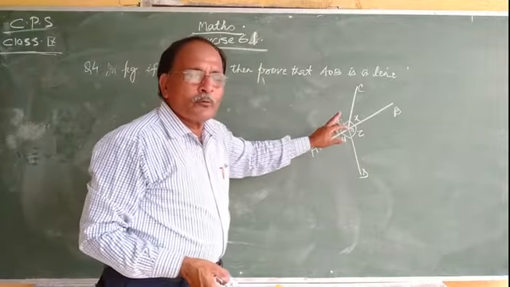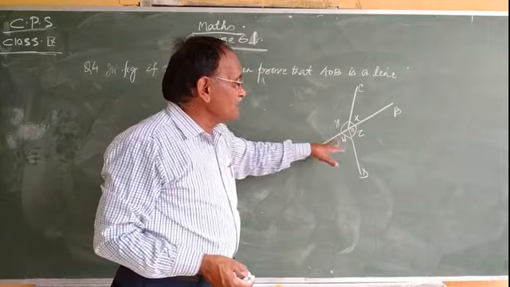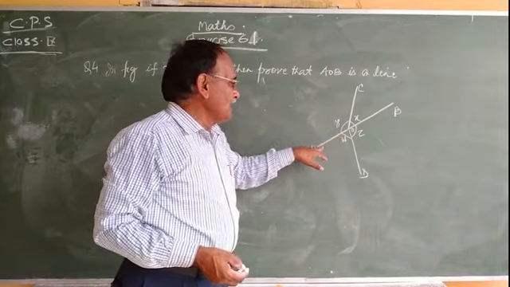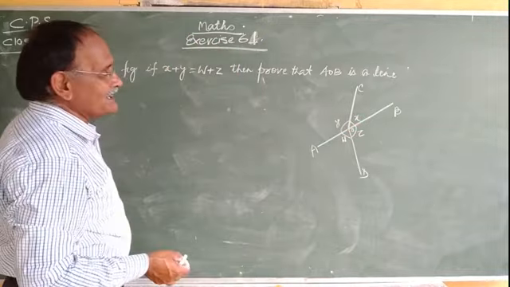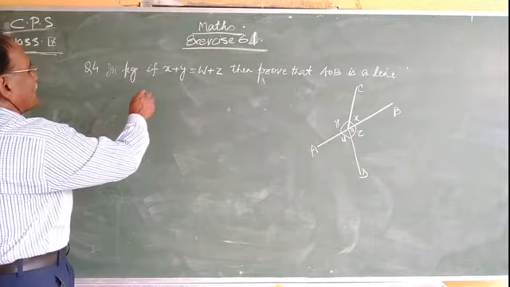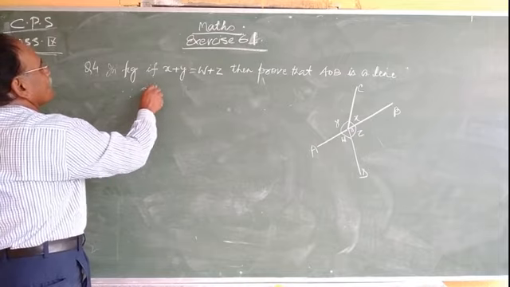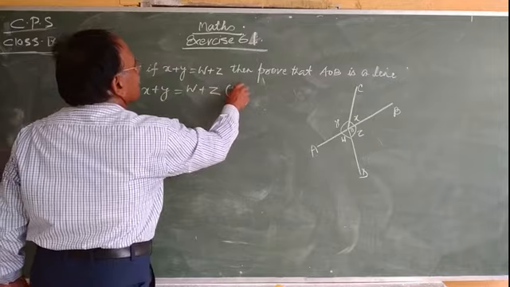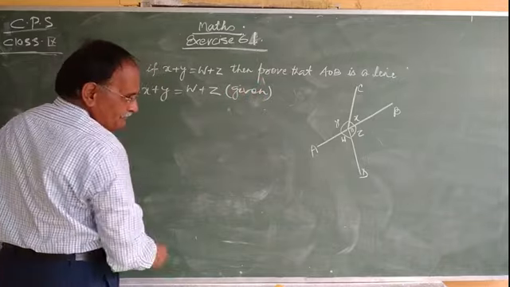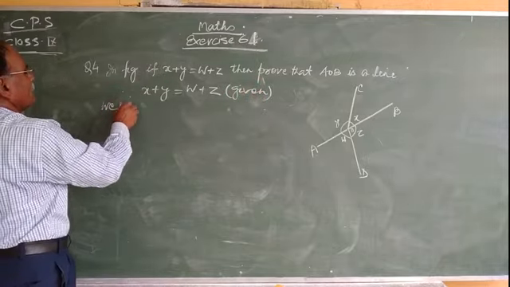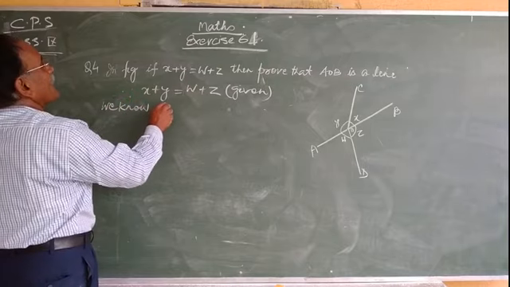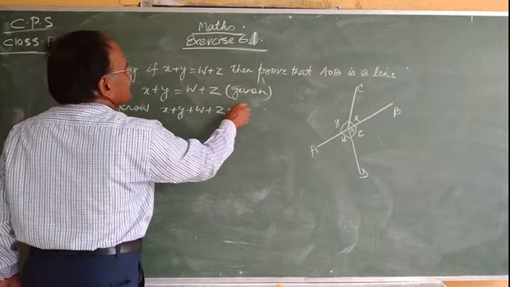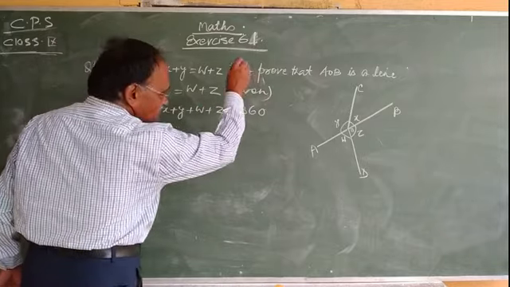180 degrees at O. This will be a straight line if we prove that angle AOB is 180 degrees. x plus y is equal to w plus z. It is given, and we know x plus y plus w plus z is equal to 360.